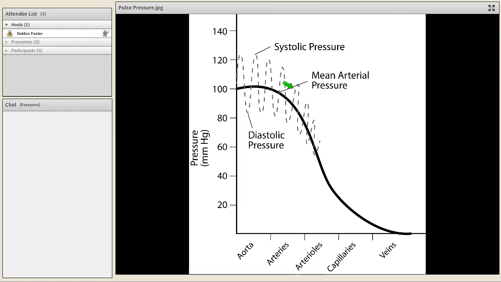It actually is the difference between the systolic and the diastolic, but we talk about it using this formula where we take a third of the difference plus the diastolic pressure, and that gives us a more accurate mean arterial pressure.